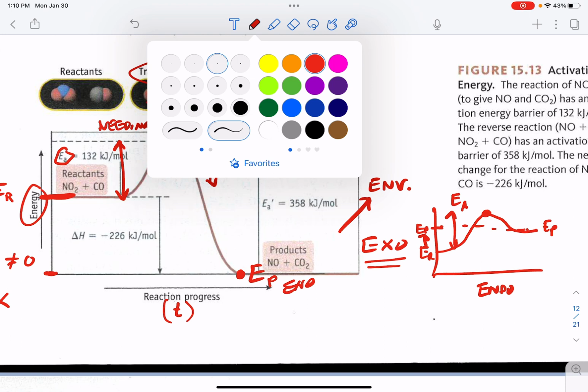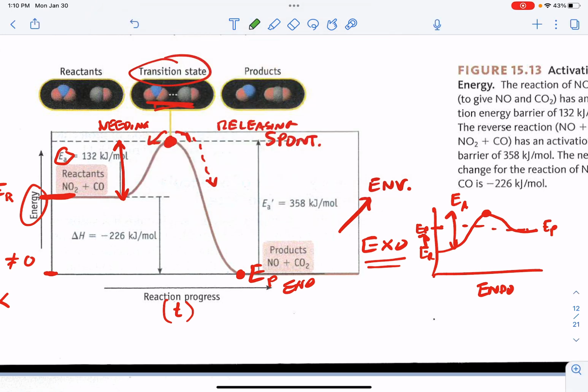a different color for the reverse reaction. The reverse reaction, if we were going to go in this direction, this would be my activation energy for the reverse reaction. Whereas over here, this would be the activation energy in the reverse direction.